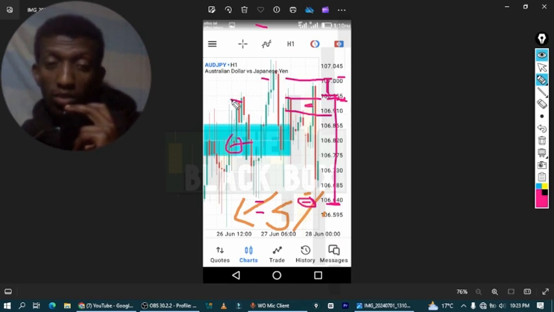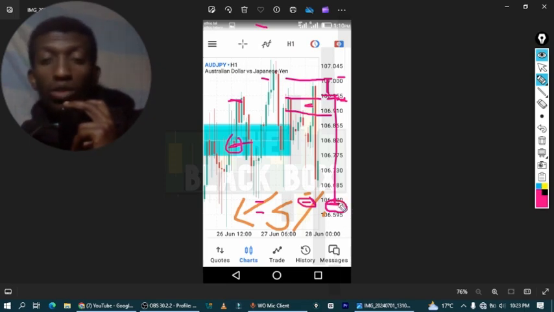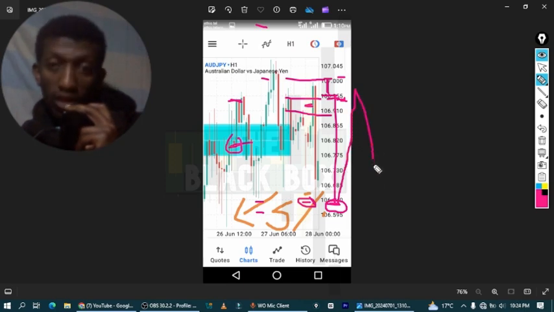Number one, you have a bigger black box telling you the market is moving down. Number two, price is down there, and there is no reason for the price to come back up there and still continue down. Only halfway is enough for it. If it hits halfway, that is enough for it to break down.